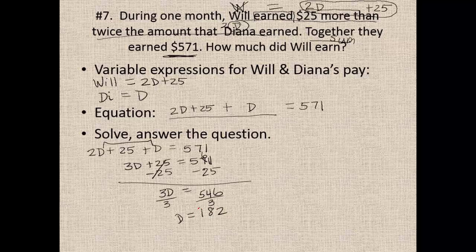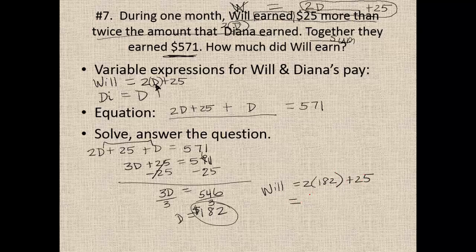182. That means that's what Diana makes, and to find out how much Will makes, you're going to substitute this number right here instead of D. So let's do that. For Will, we get 2 times 182 plus 25 more.